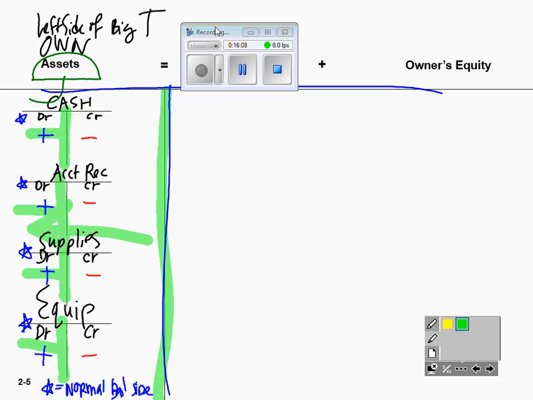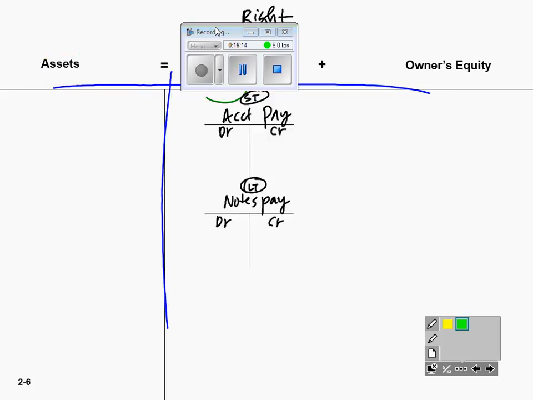Okay, now we're going to leave the left side and go to the right side. Set your highlighter down for a minute because we have some marking to do. We've moved to the right side of the T. So where do you think the stars are going to go? Where the normal balance is going to go on all of our little T's? On the right side. We know stars equal normal balances. What goes with the star? A plus.